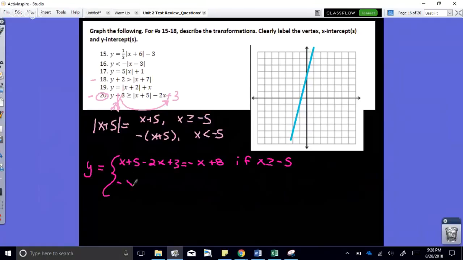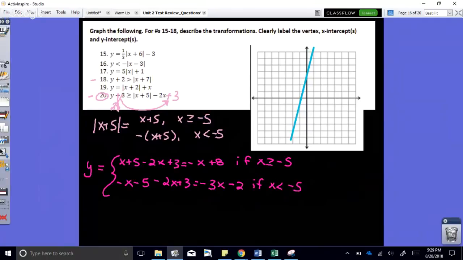Below we have the opposite, so -x minus 5, still minus 2x plus 3. Together, that gives me -3x minus 2. And we use that if x is less than -5.